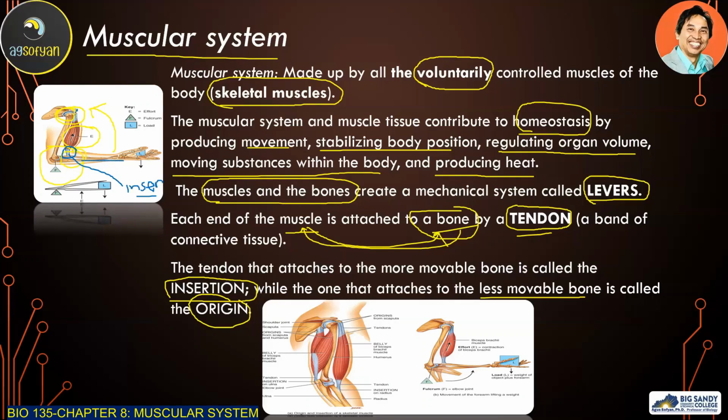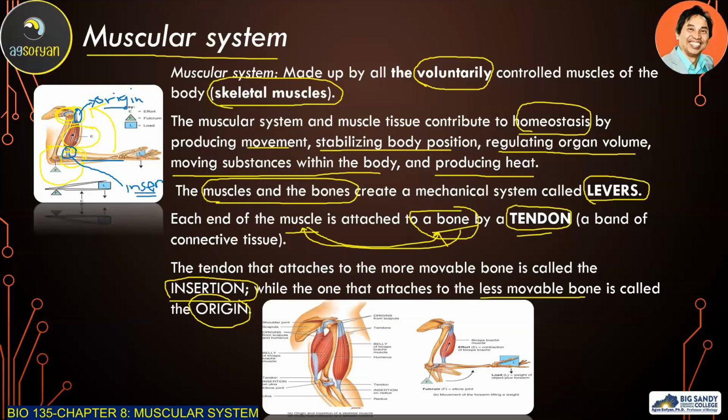The other tendon, this one, is attached to the less movable bone. Therefore, this tendon is called the origin. So the muscle has two tendons, the origin and the insertion.